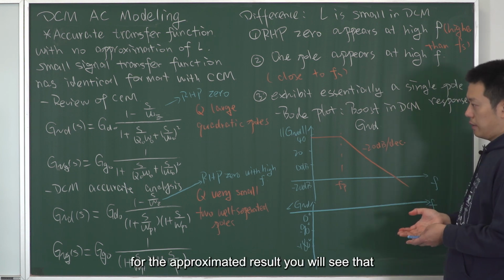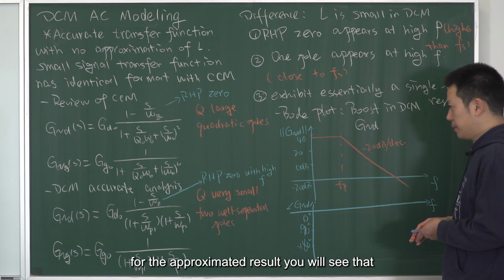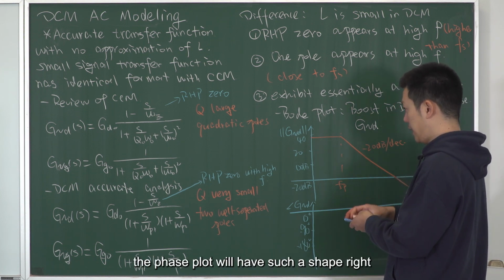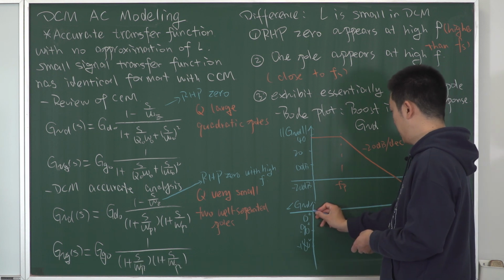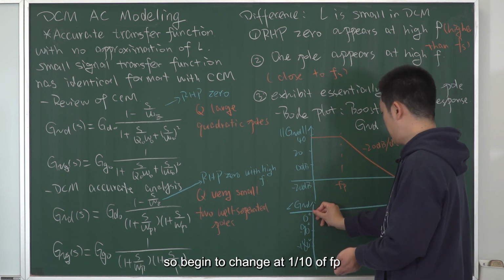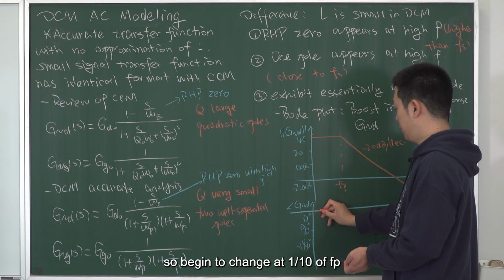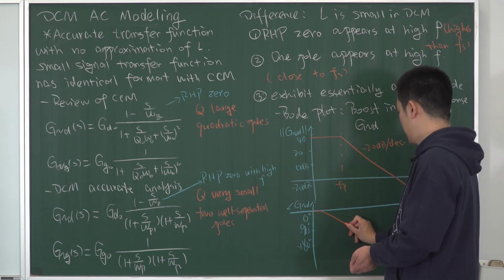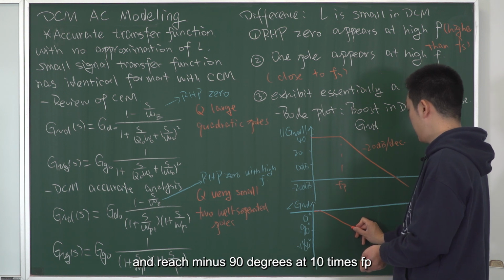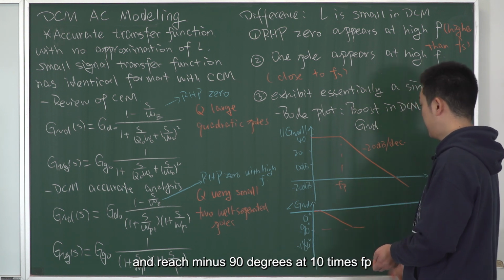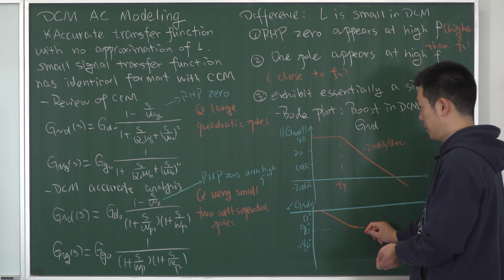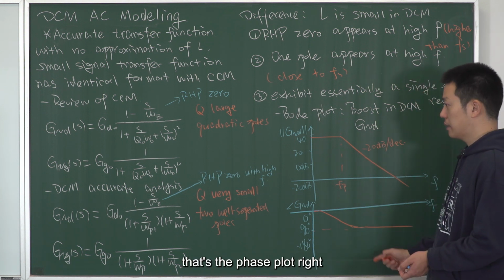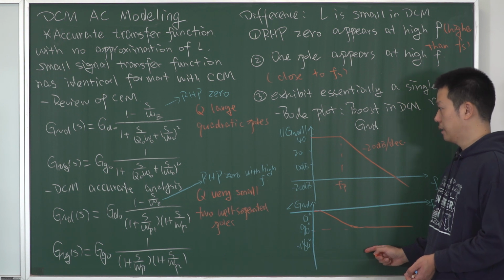For the approximated result, you will see that the phase plot will have such a shape, right? It begins to change at 1/10 of FP and reaches minus 90 degree at 10 times FP. That's the phase plot, right?